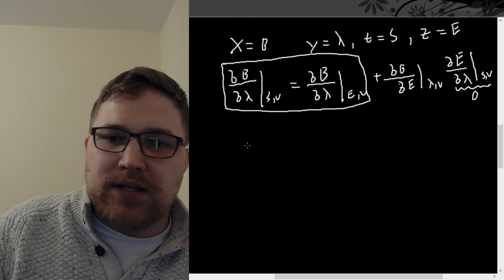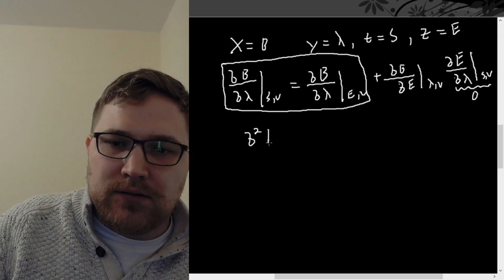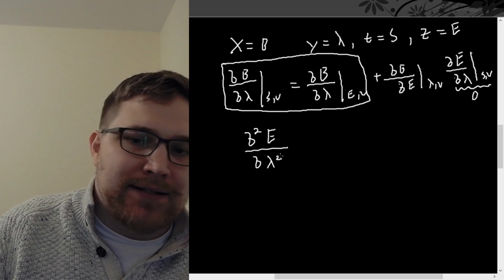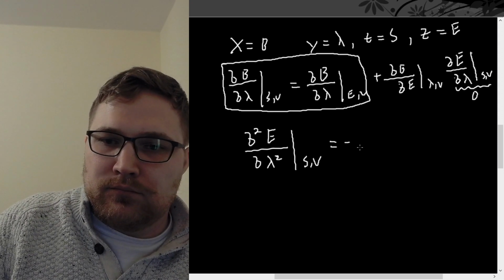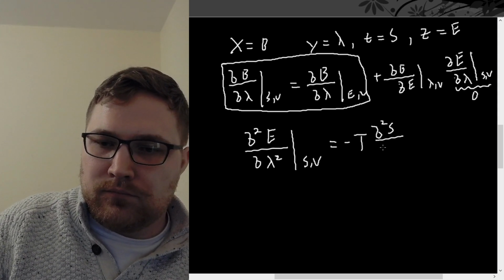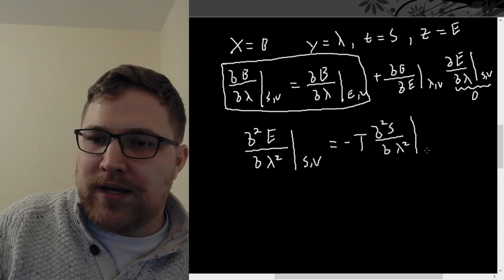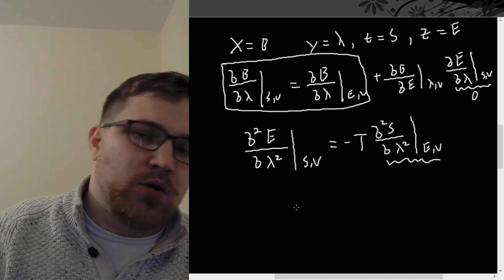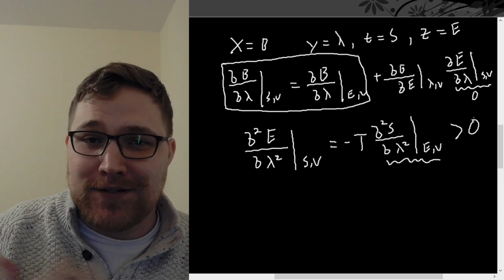What this allows us to do is get the following expression, which tells us that energy is at a minimum. And we know that it is at a minimum because this is going to be negative, so the whole expression will be positive, giving us a minimum.